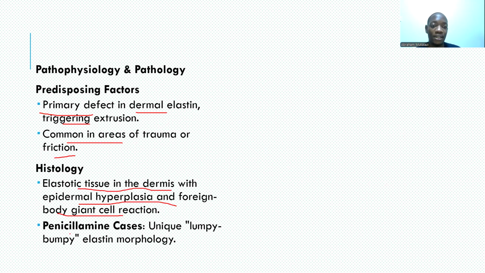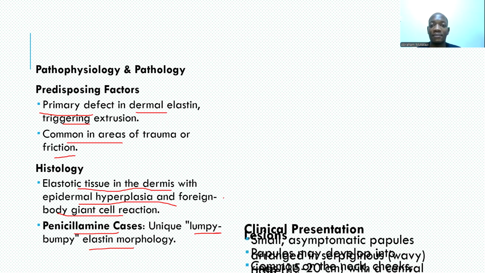And if penicillamine is the cause, usually there is a unique picture with a lumpy, bumpy elastin morphology. That is for the pathologist, but for you to remember: if penicillamine is involved and you are suspecting a perforating elastic disorder, when you take a sample the pathologist will give you the comment that they have seen a lumpy, bumpy elastin morphology.